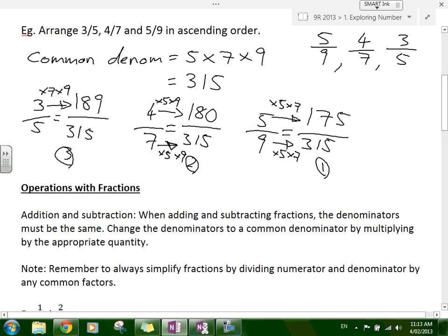You don't want to be writing 18 over 20 when you can divide it to get 9 over 10. It's much better and easier to handle in its simplest form. Okay? So finish this part.